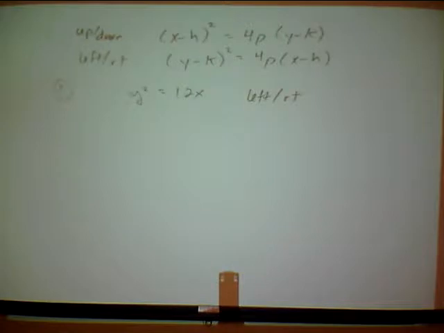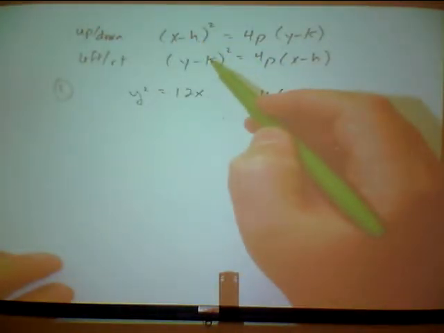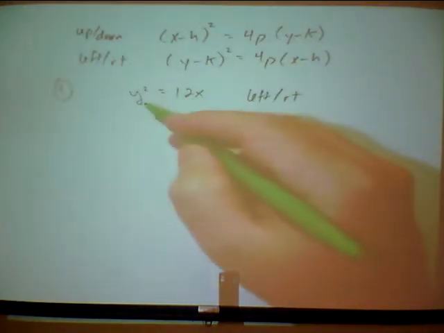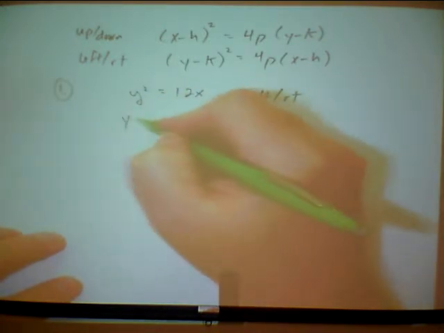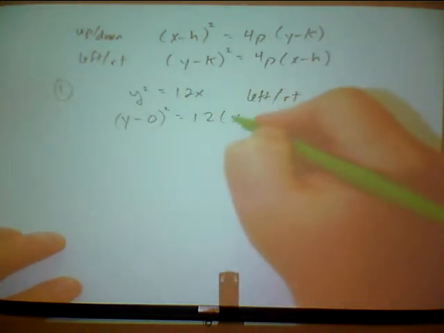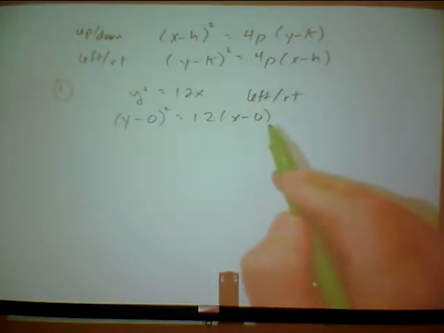It's pretty much in standard form now, but it may not be at first obvious what h and k are, because you notice h and k are the things we subtract from y and x, but there's nothing to be subtracted here. Well, that's correct, it's something being subtracted. But to make it very clear, how about if I rewrote it like this? (y - 0) squared, and (x - 0).